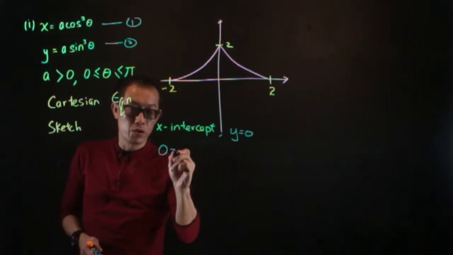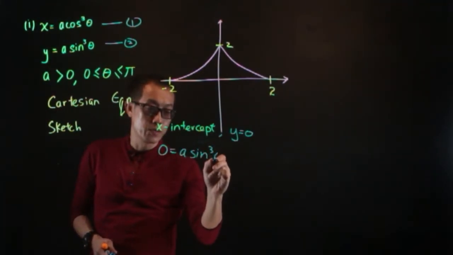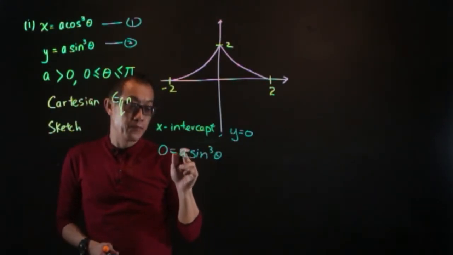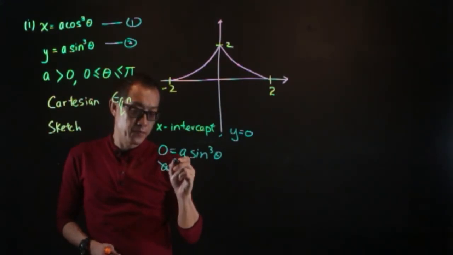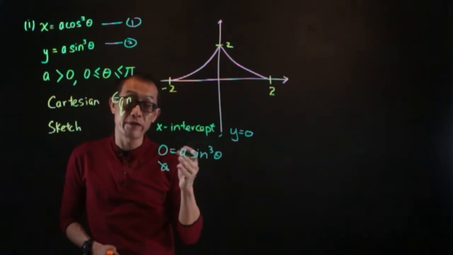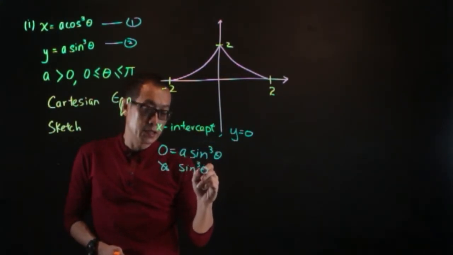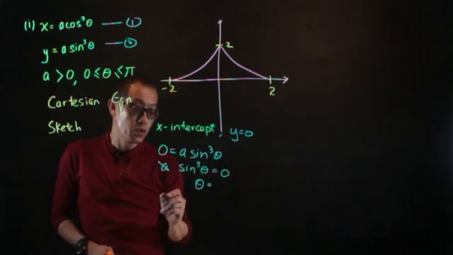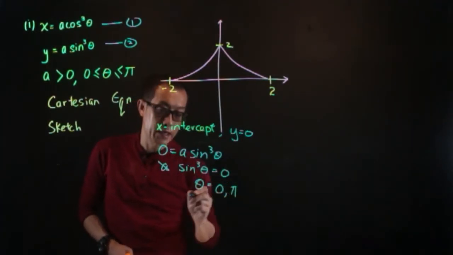You get 0 equals a sine cube theta. Since a is not 0, you divide by a on both sides. So you get sine cube theta equals 0. So theta will be equal to 0 and pi.